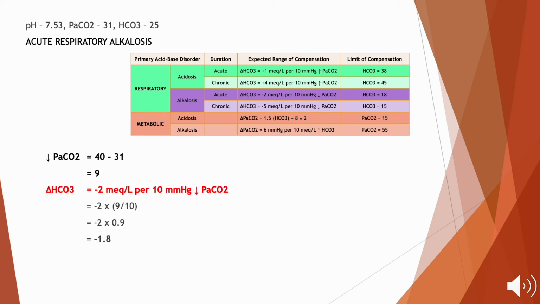In respiratory alkalosis, the expected renal compensatory response is the consumption of bicarbonate. But since this is acute, we use the formula delta bicarbonate equals a decrease of 2 mmol/L bicarbonate for every 10 mmHg decrease in the partial pressure of carbon dioxide. Substituting that, we have negative 2 times 9 over 10, which gives us negative 1.8.